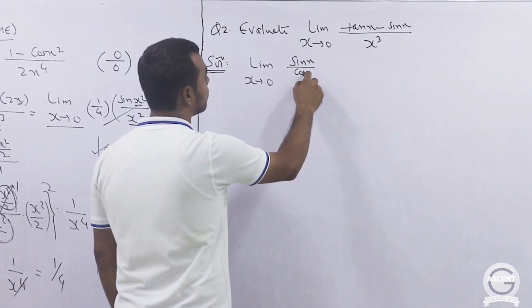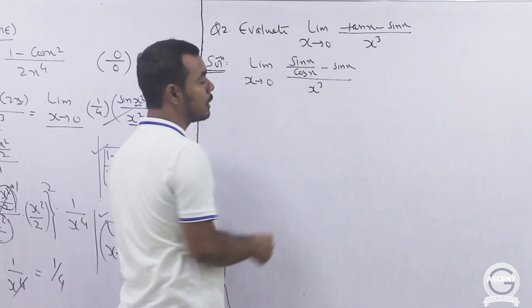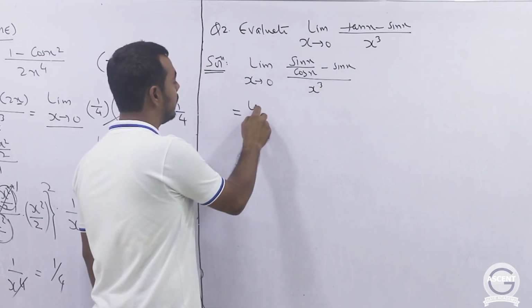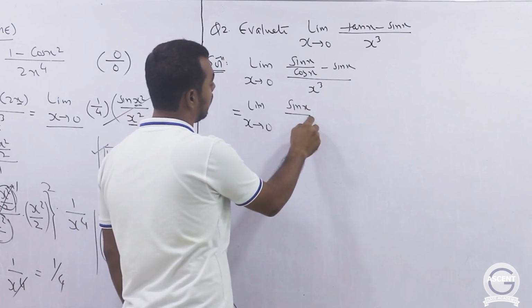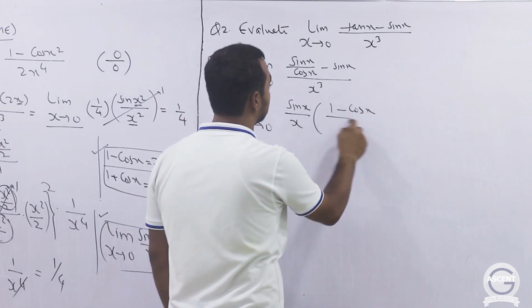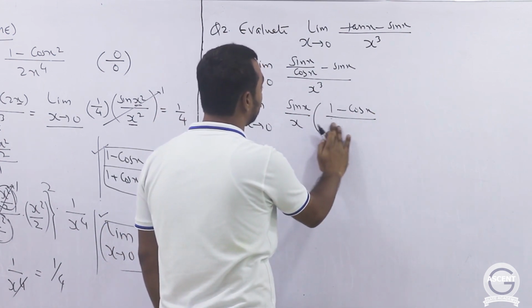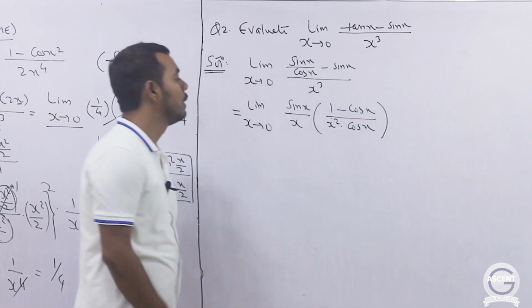So we will get sin x by cos x minus sin x, by x cube. This will give us limit x tending to 0. If we take sin x common and write 1 by x here, then I will get 1 minus cos x by x square into cos x.